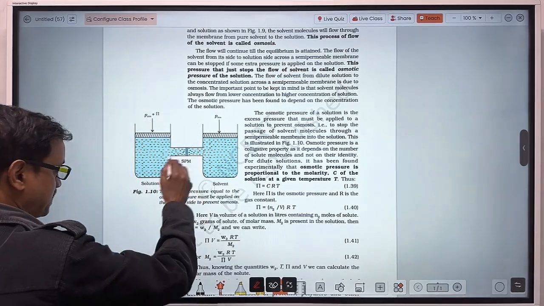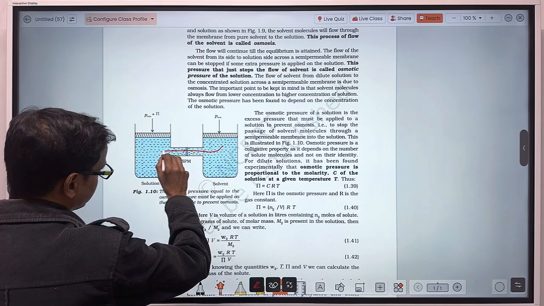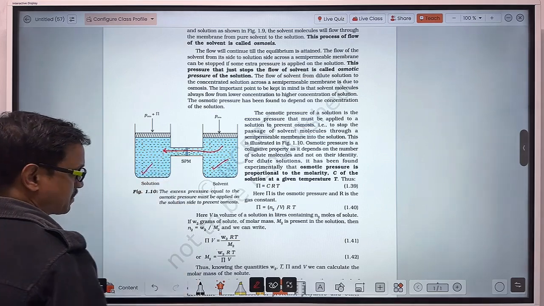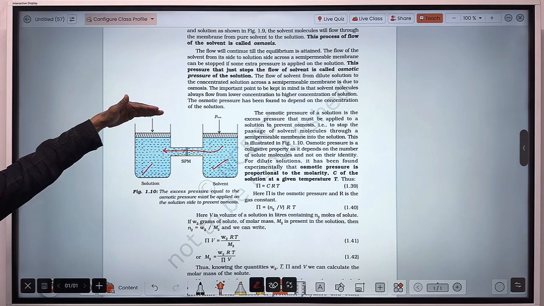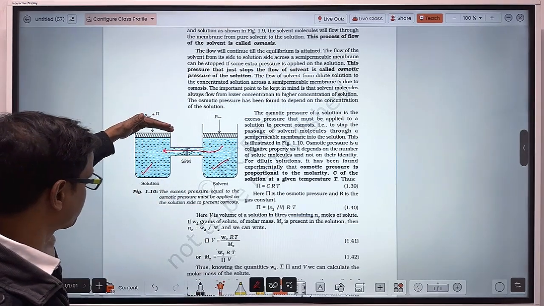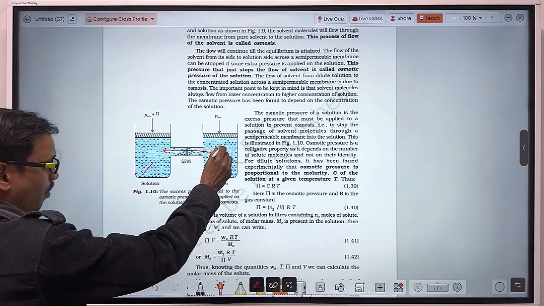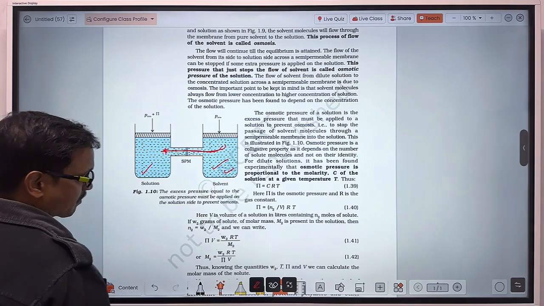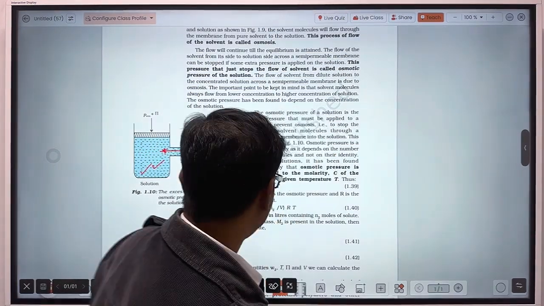So through this semi-permeable membrane, the solvent particle will flow from the pure state to the solution. That is osmosis. If you apply extra pressure over this solution, then the flow of solvent particle from pure state to the solution will decrease.